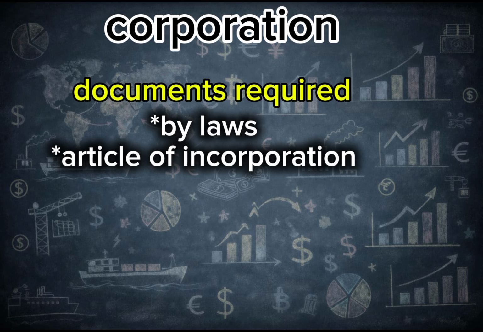That is, they include information like the name of the corporation, the purpose of the business, the intended life span of the business, the number of shares of stock the corporation is authorized to issue, the nature of the shareholders' rights, and the number of members in the board of directors. These are some of the few pieces of information you can get in the articles of incorporation.